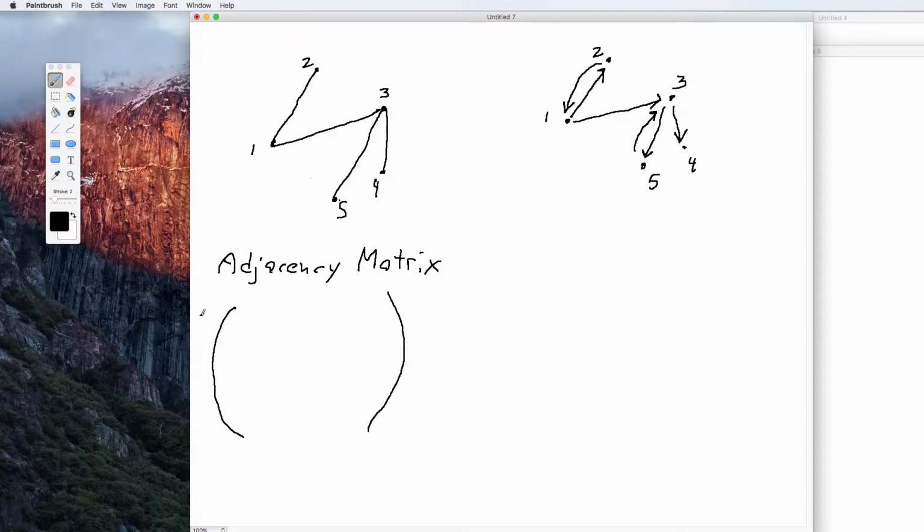In other words, over here I am in the first row, and I note that I can go from 1 to 2. So in row 1, entry 2, I'm going to put a 1. Okay? Over here in 1, 1, I'm going to put a 0.